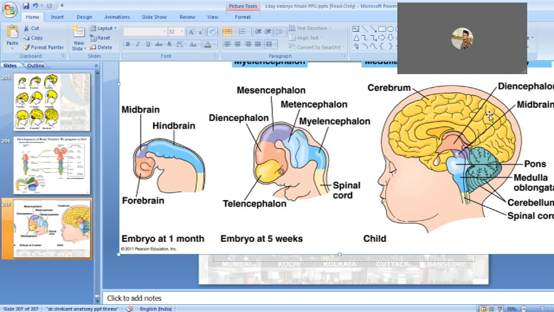Yes, it is down. So you can see this image for the pituitary gland. Okay, can you see here?